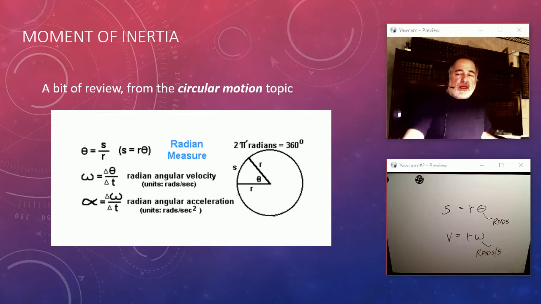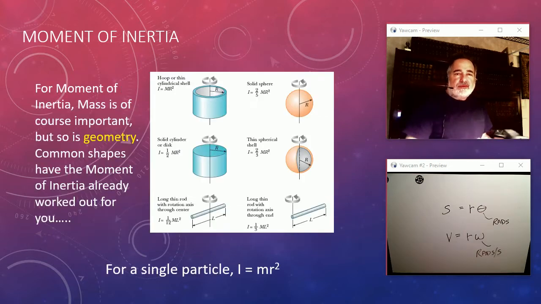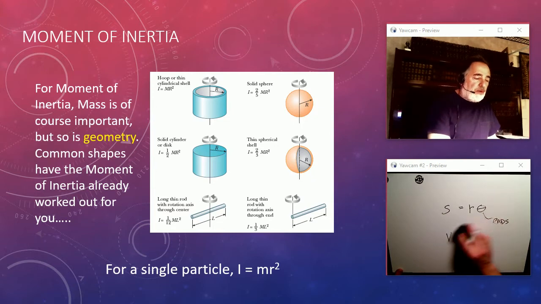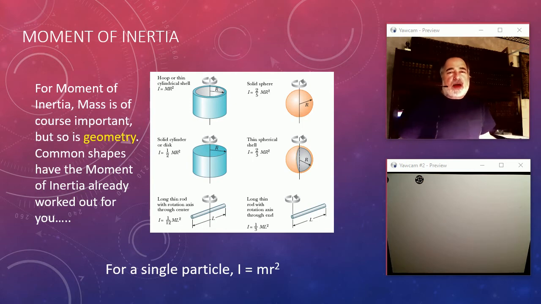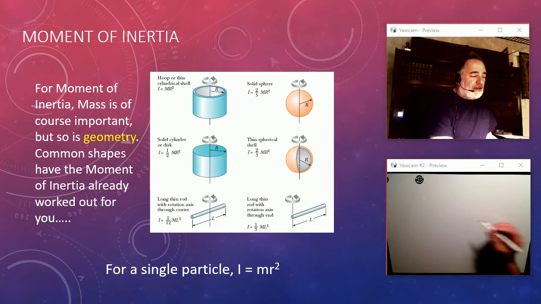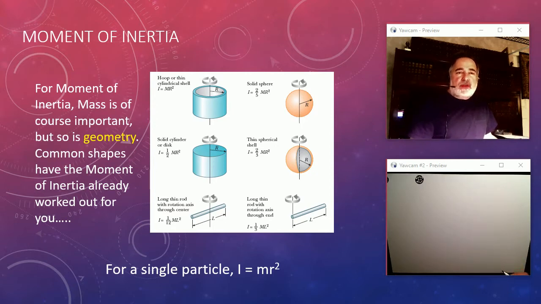So when we think along these lines, when I rotate something, I have to get in my mind that I'm not just talking about mass. The equivalent of mass rotationally is moment of inertia. And every shape and geometry has its own moment of inertia.